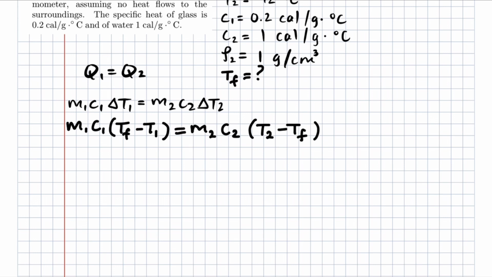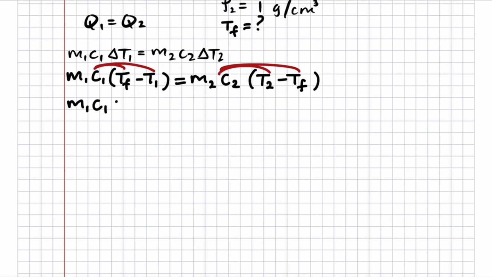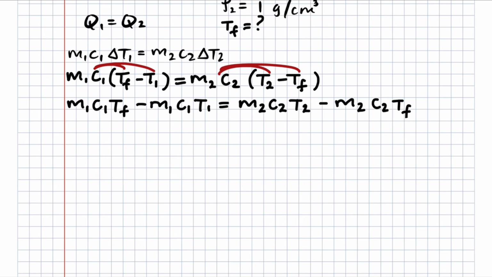Okay, because we know these two are the same, temperature final, we're going to go ahead and distribute. And of course, what we want is to have our T final on the same side. So I'll move this one, and then I'll move this one so that I only have T finals on the left and the rest on the right.